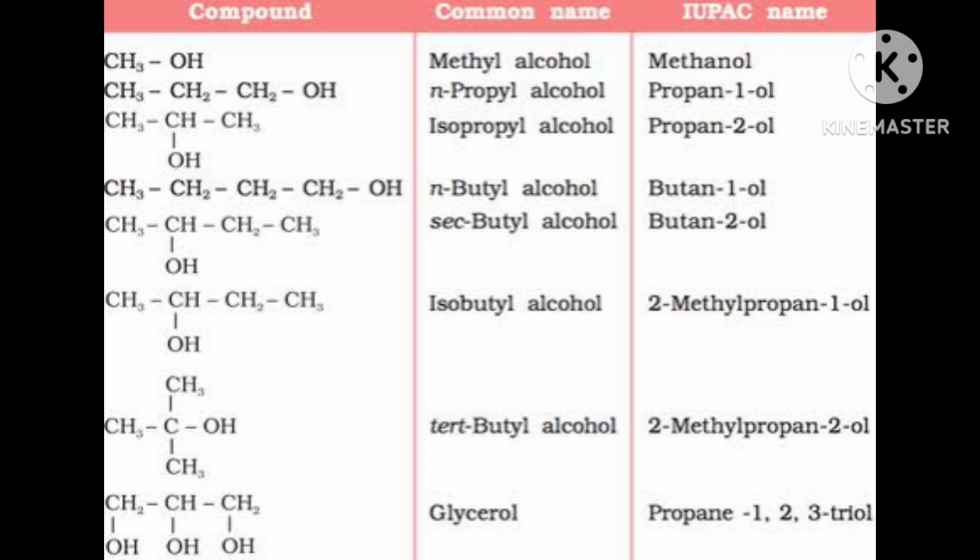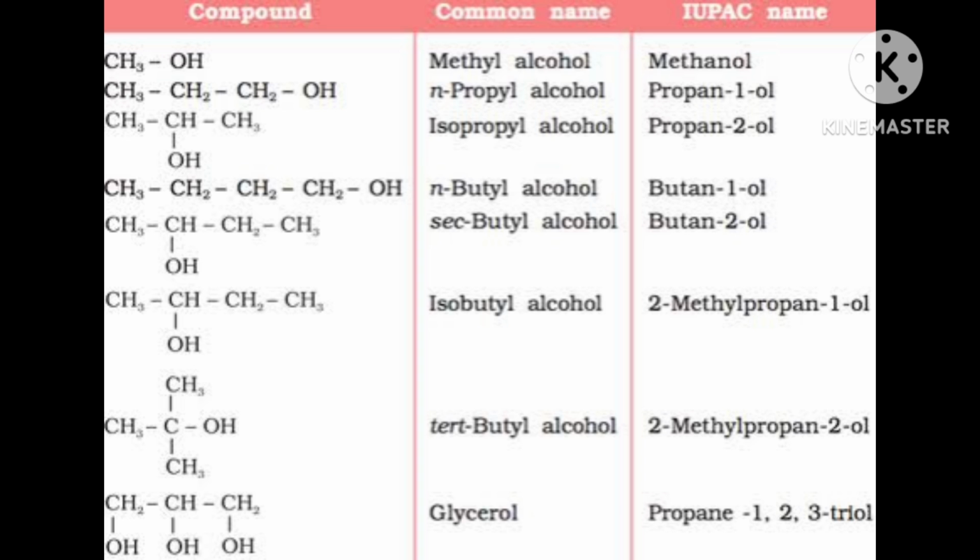Now that heptane is attached. 1-phenoxy heptane means the phenoxy group is attached with carbon number 1 of heptane. Then it is called 1-phenoxy heptane, because the phenoxy group is attached with carbon number 1 of heptane.